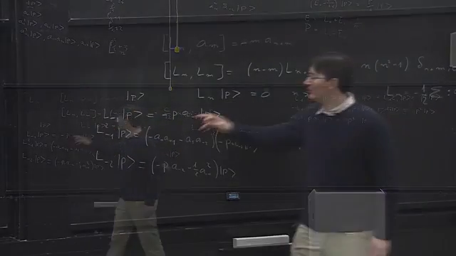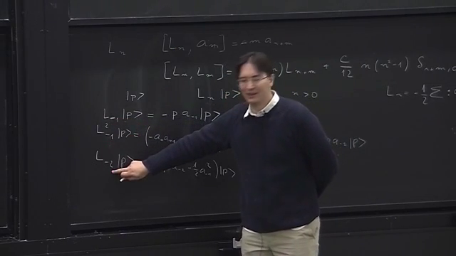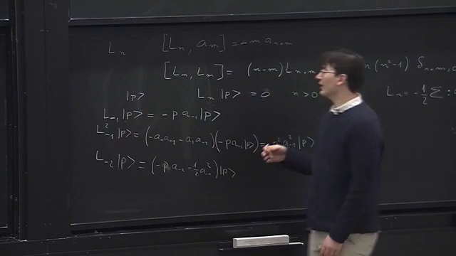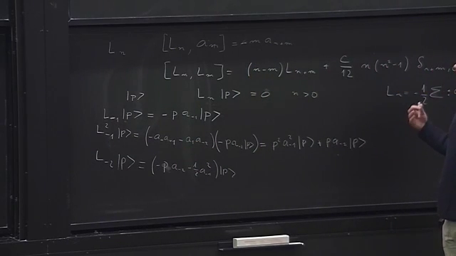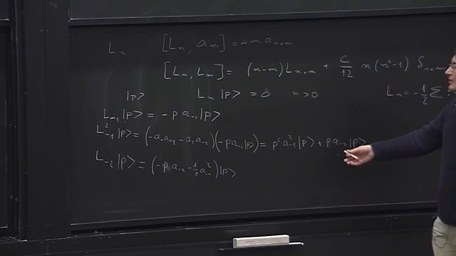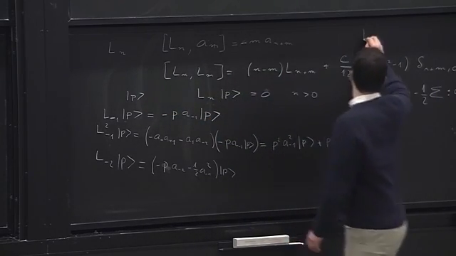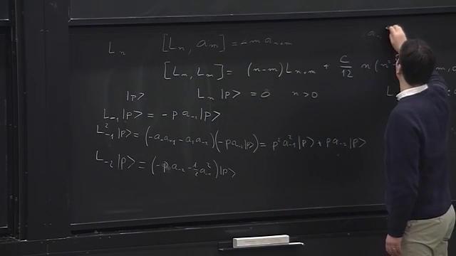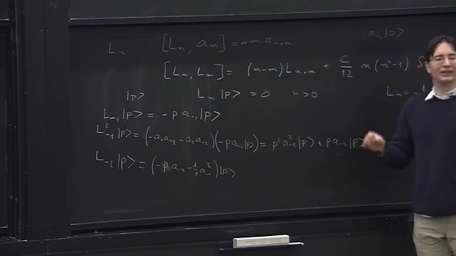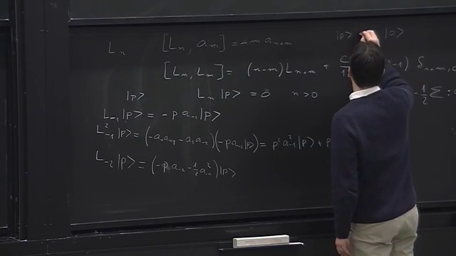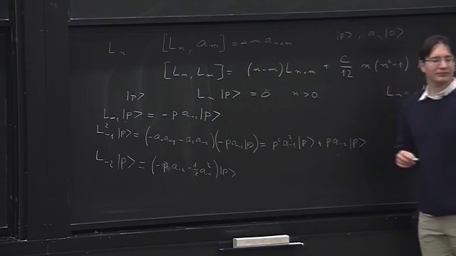The ones that are generated by acting with negative L's are called descendants. So in a theory of a free scalar, the primaries are the P's and also A minus 1, 0. And that's it. Everything else is a descendant.